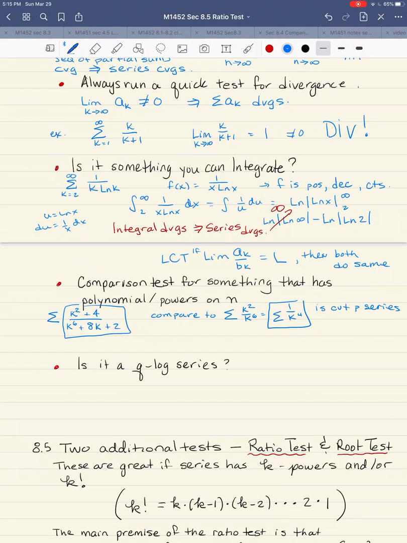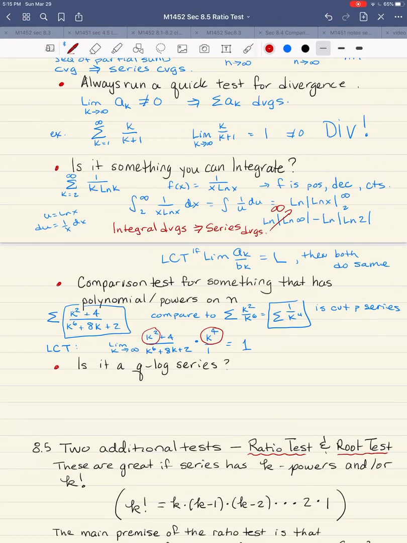So if I take my a_k's here and divide it by my b_k's here, k squared plus 4 over k to the 6th plus 8k plus 2 divided by that, which would mean multiply by the reciprocal, then both of these would be 6th degree polynomials.